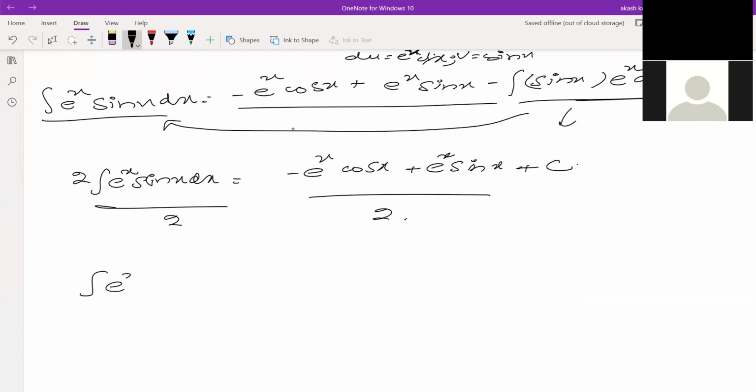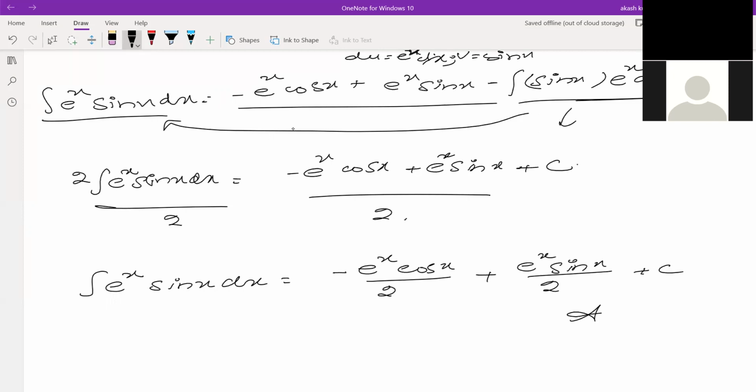So integral of e^x sin x dx equals minus e^x cos x over 2 plus e^x sin x over 2 plus c. That's the answer. Is it clear? Yes. Okay.